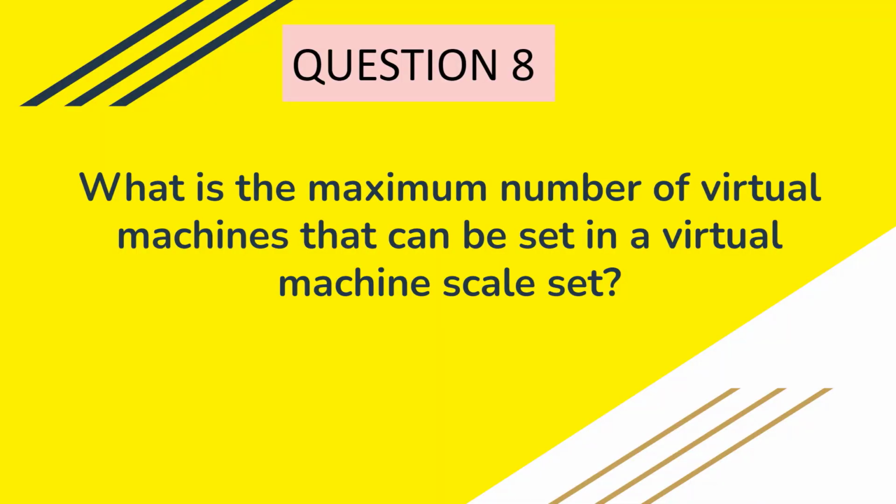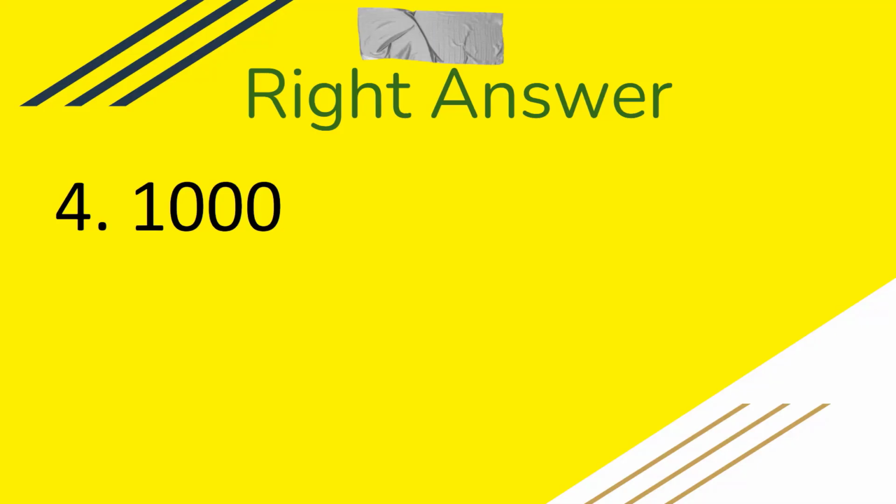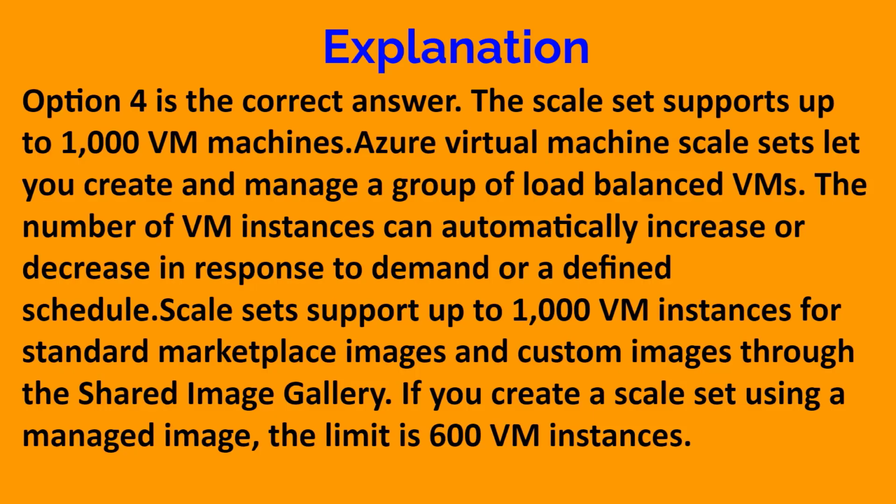Question 8. What is the maximum number of virtual machines that can be set in a virtual machine scale set? Option 1. 12, 2. 100, 3. 400, 4. 1000. Right answer is 4. 1000. Explanation. Option 4 is the correct answer. The scale set supports up to 1000 VM machines.